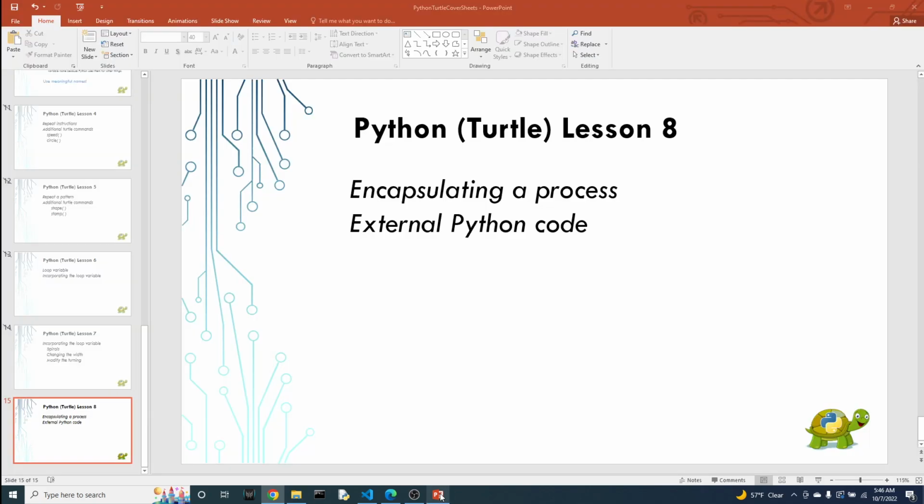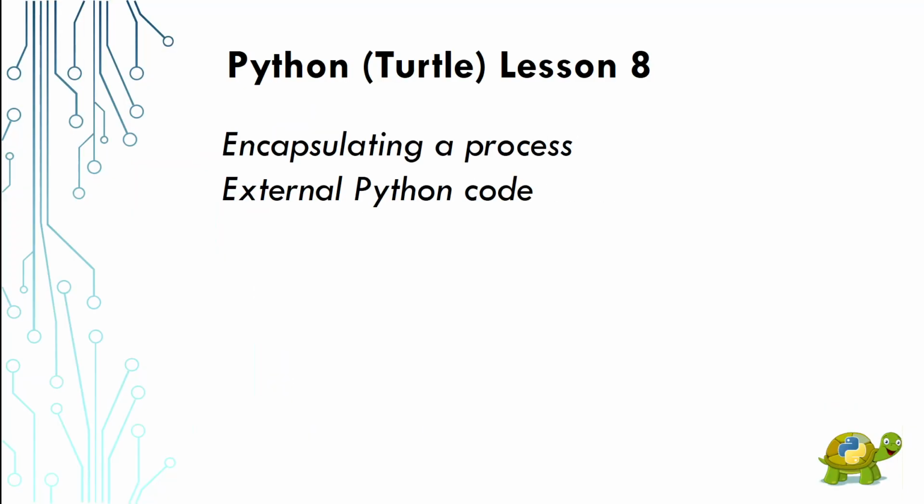All right, so let's go back to our presentation. Let's review what we've done. In this video, we saw how we can define a function to represent a process that might not be available to us through the turtle, but that we know we can create. We saw how we can store code in an external file and then bring all that code into our main program.